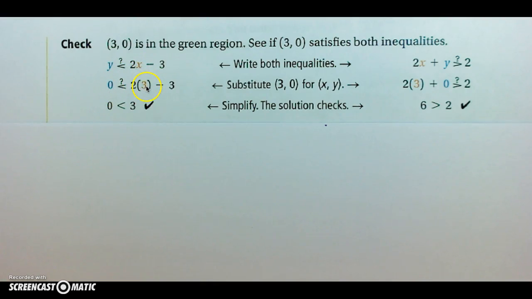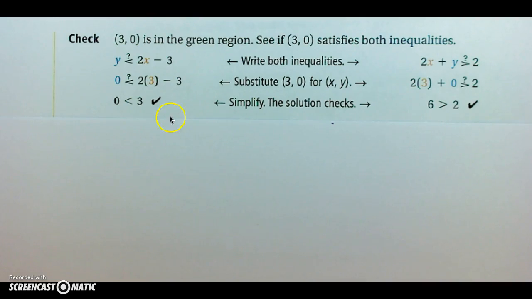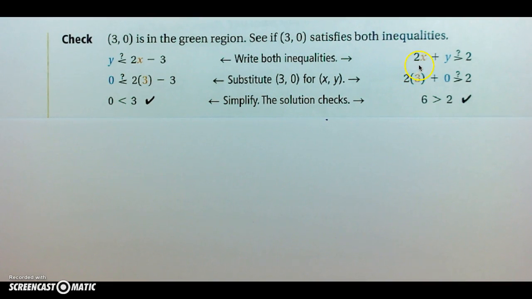I substitute in 3 for x and 0 for y, so 6 minus 3 is 3, and 0 is less than 3. Check, that does satisfy that inequality. Here we have 2x plus y, back to the original. We put in the 3 and the 0, so 2 times 3 is 6. 6 is greater than 2, and that's a true statement, so check, that also works.